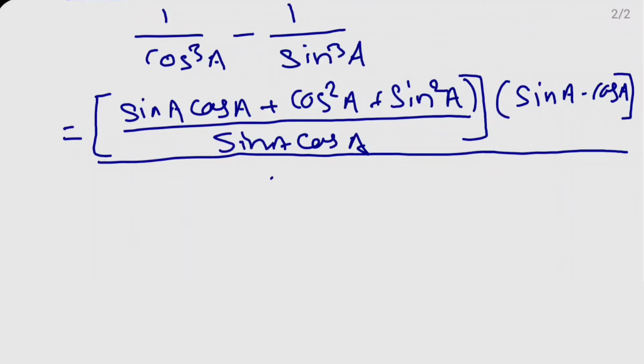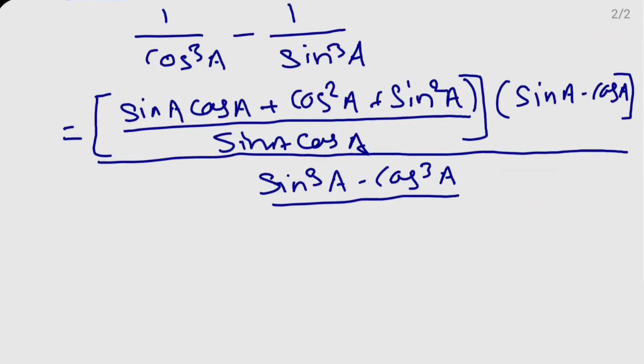So here we got sin cube A minus cos cube A, this divided by sin cube A into cos cube A, right?